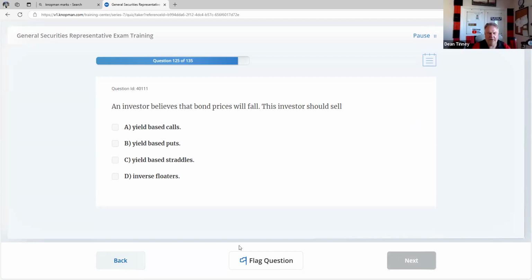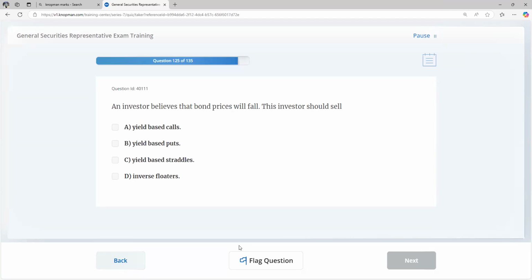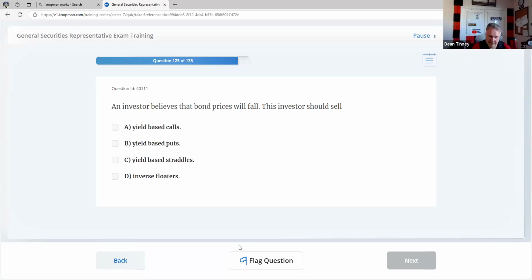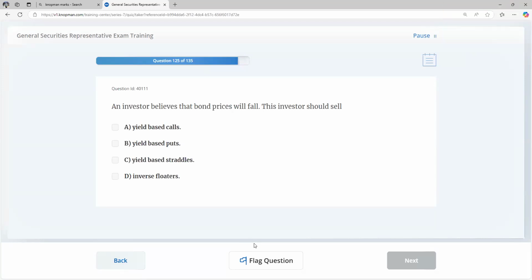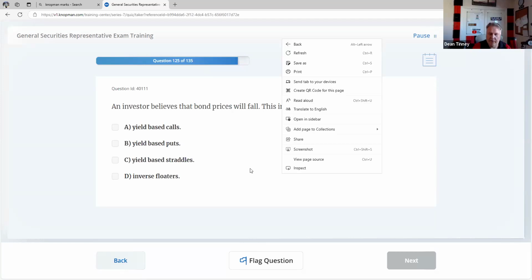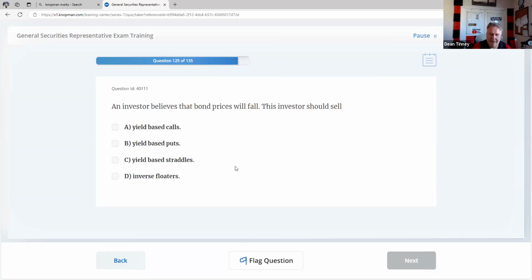An investor believes bond prices will fall. This investor should... I like this one. If they believe that bond prices will fall, then you've got to make a U-turn. That's right. That means the interest rates are going up. So you need something that would profit from interest rates going up, and it says sell.